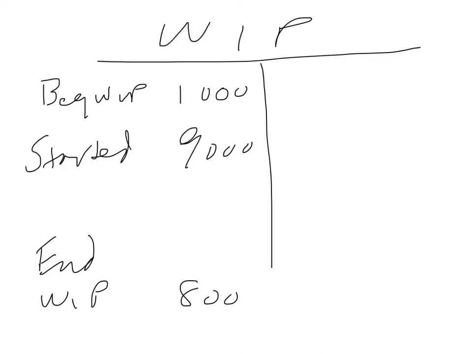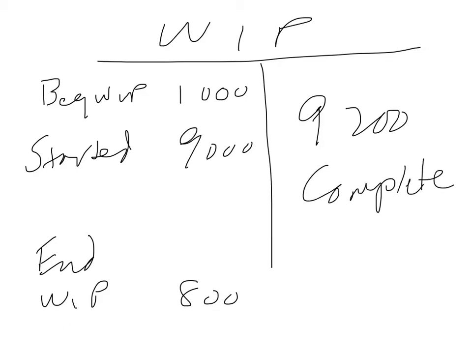So obviously we need a credit on our WIP side. So it's 9,200 units completed. This number is going to go into our finished goods inventory account as a debit. That number also represents the cost of goods manufactured in a schedule of cost of goods manufactured.